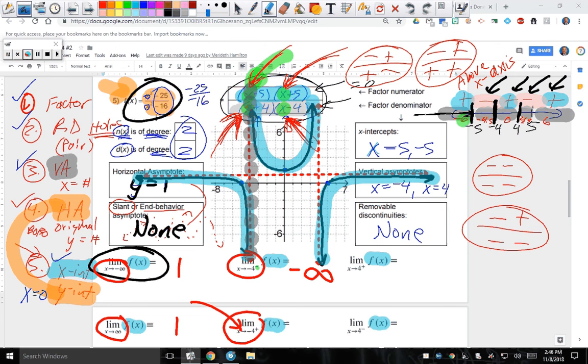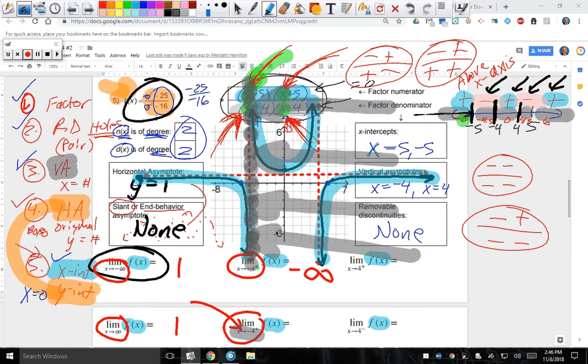If I'm approaching, down here it says -4, here's your -4, and you're approaching it from the right. That means you're going to get very, very close to x is equal to -4. So from the right, you're coming over here. Where would the graph go?